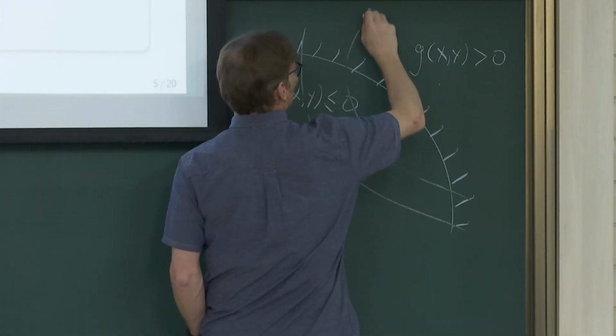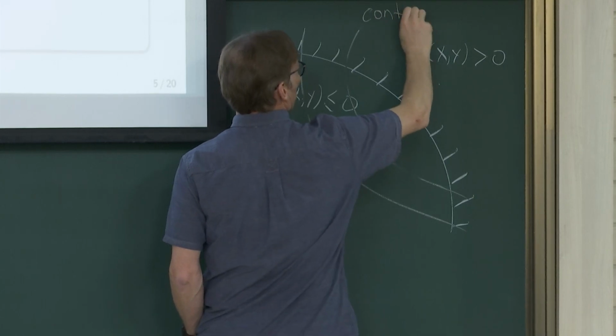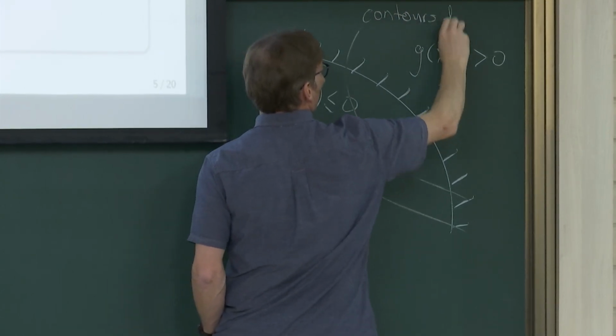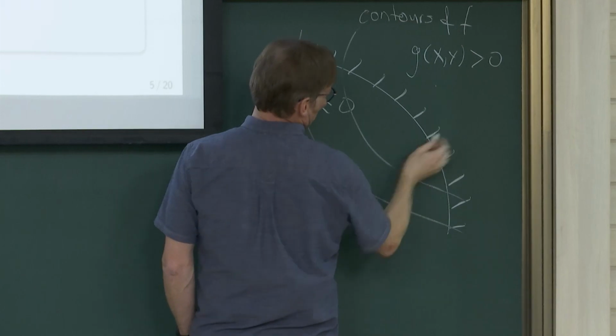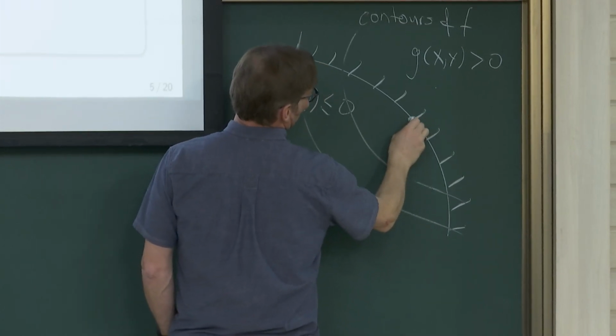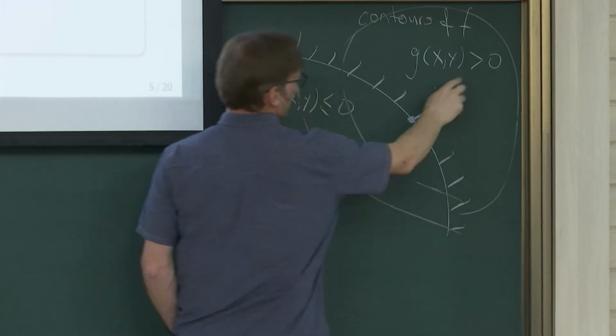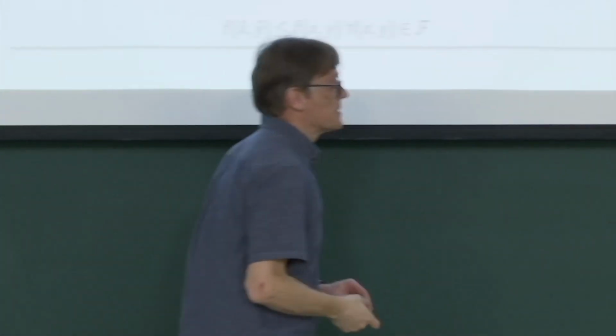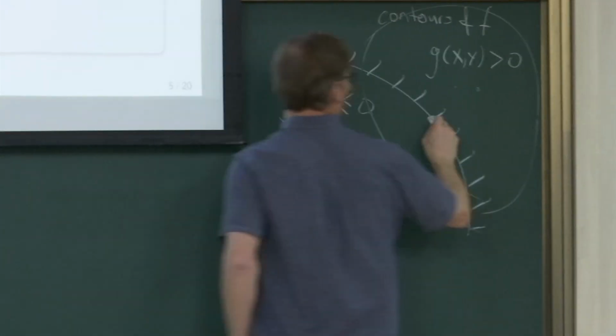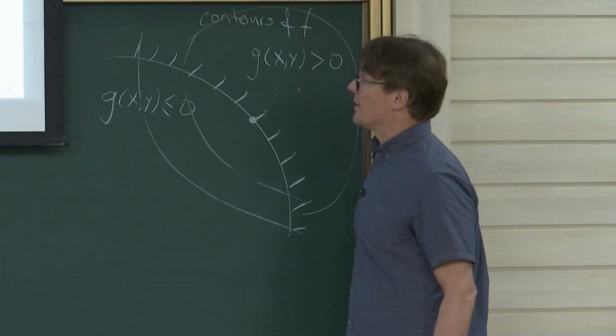Those are my contours of F. Looking at it roughly, this would be my local minimum, but there are points where F has a lower value further out that are not feasible. So we're not looking at those points, we're just looking at the lowest point in the feasible set.